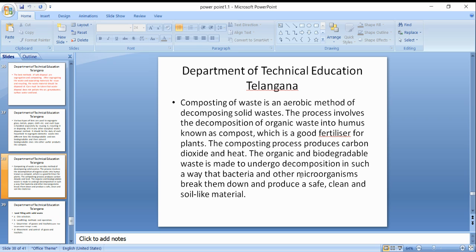Humus is useful for plants, a good fertilizer for them. The composting process produces carbon dioxide and heat.